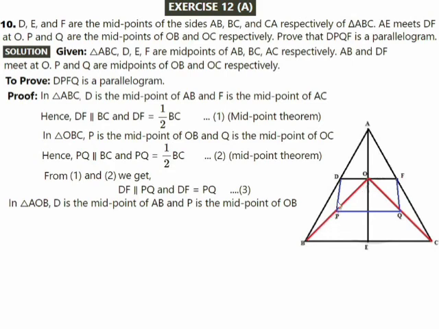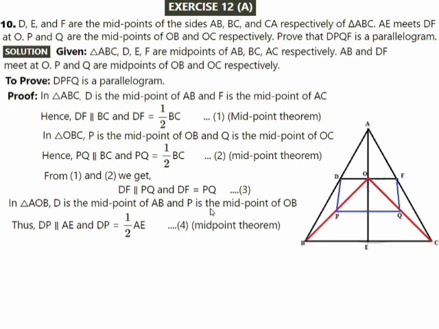That means this is going to be parallel to this one. So in this triangle, D is the midpoint of AB and P is the midpoint of OB. If I join them, this line has to be parallel to the third side, and this DP has to be half of AO. So see here carefully, DP is parallel to AE.